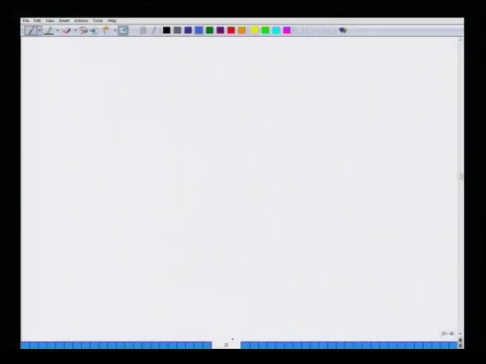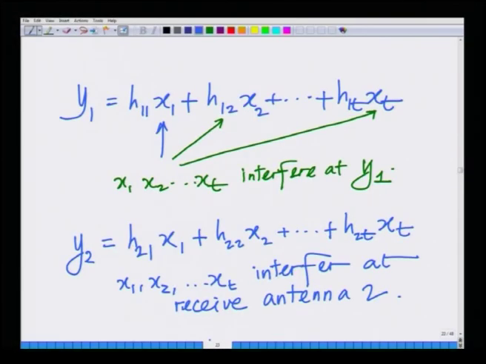In fact, now we can say that if you look at this expression, H11 is the channel between x1 and y1, which is transmit antenna 1 and receive antenna 1. H12 is the channel between x2 and y1, that is transmit antenna 2, receive antenna 1. H21 is the channel between x1 and y2, that is transmit antenna 1 and receive antenna 2.